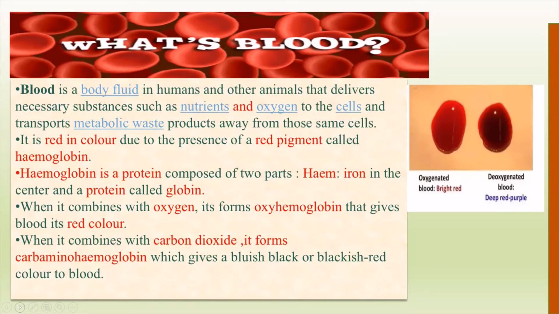When it combines with carbon dioxide, however, it forms carbaminohemoglobin, which gives a bluish black or blackish red color to the blood. It gives a dark color, which isn't good for your body. So that's why you are always said you have to be away from carbon dioxide and decrease it.